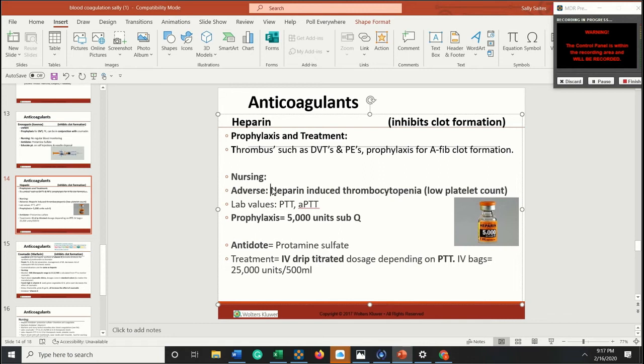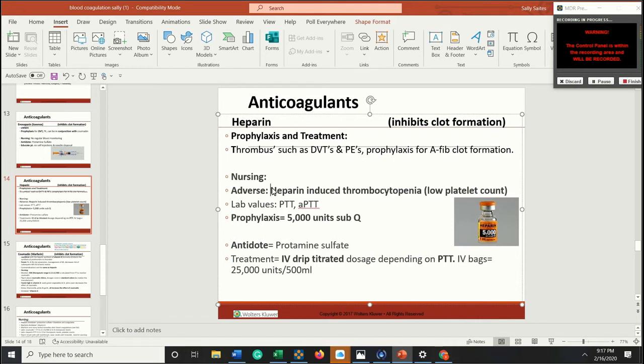And with this heparin, we're also going to monitor the PTT prior to administering to make sure it is safe to administer. Prophylactically, the heparin we use is 5,000 units sub-Q. It can be daily, it can be Q12 hours. Again, the antidote is protamine sulfate.